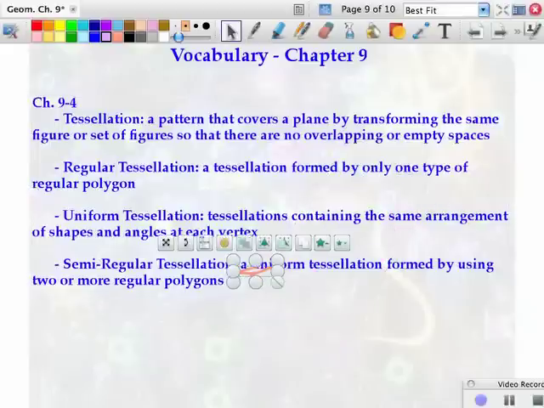Remember, regular means all congruent. And it makes up the tessellation. You have uniform, the same arrangement of shapes and angles. So if it was triangle, square, all the way around. Or you have semi-regular. So that's a uniform tessellation by using two or more regular polygons.